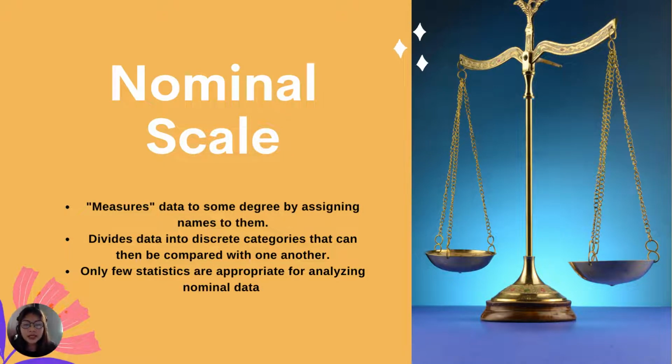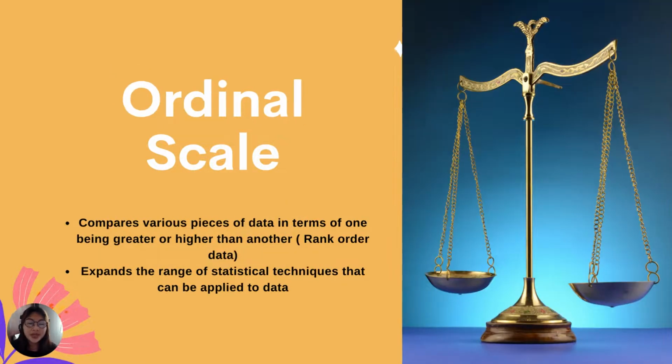Okay, next is the ordinal scale. So in ordinal scale, you compare various pieces of data in terms of one being greater or higher than another. So it's rank order data. Okay, what do you mean by this one? Rank order data. For example, shorter, taller, tallest.